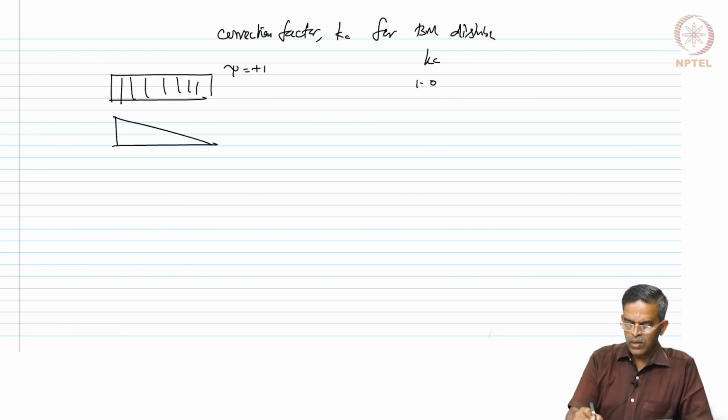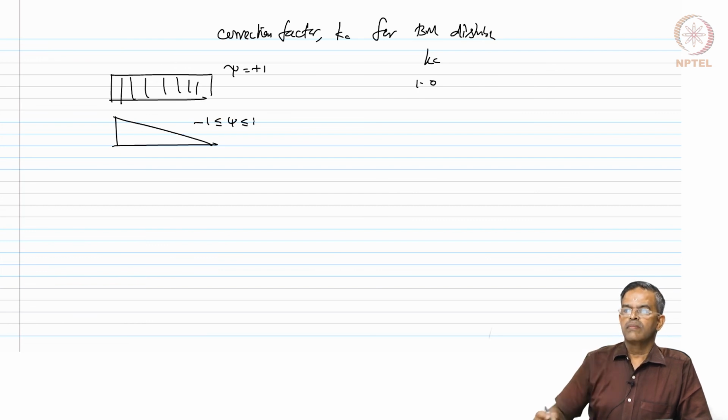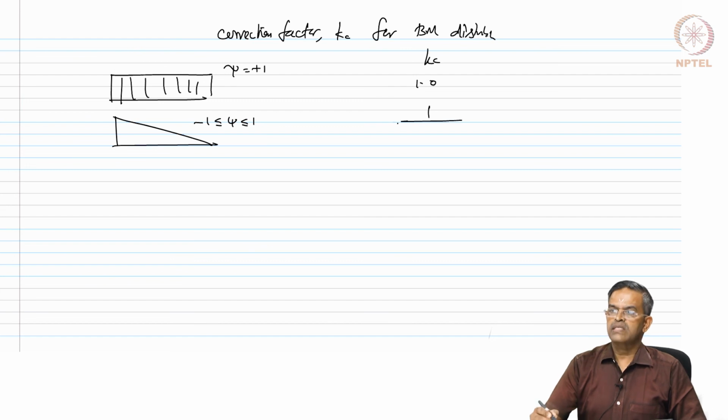If it is triangular, varying from minus 1 to plus 1, then Kc is given by 1 by 1.33 minus 0.33 psi.